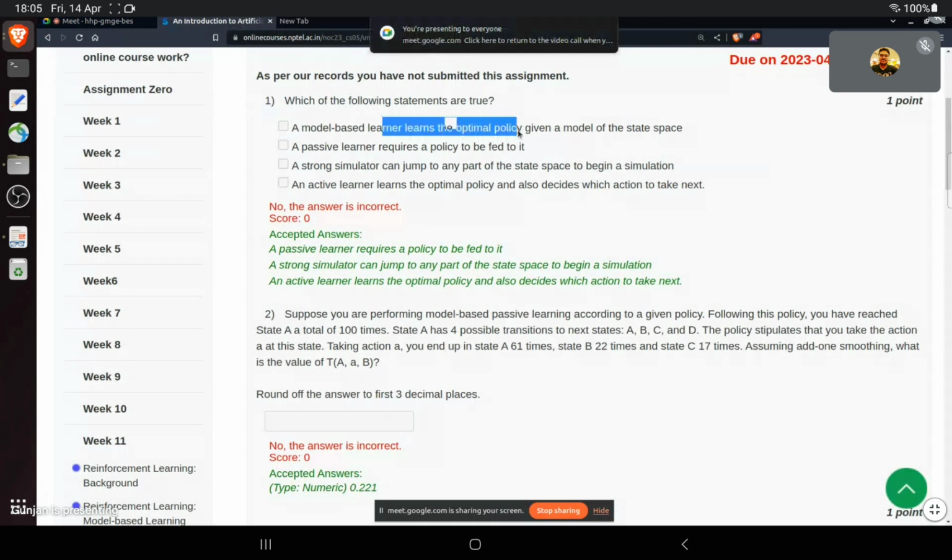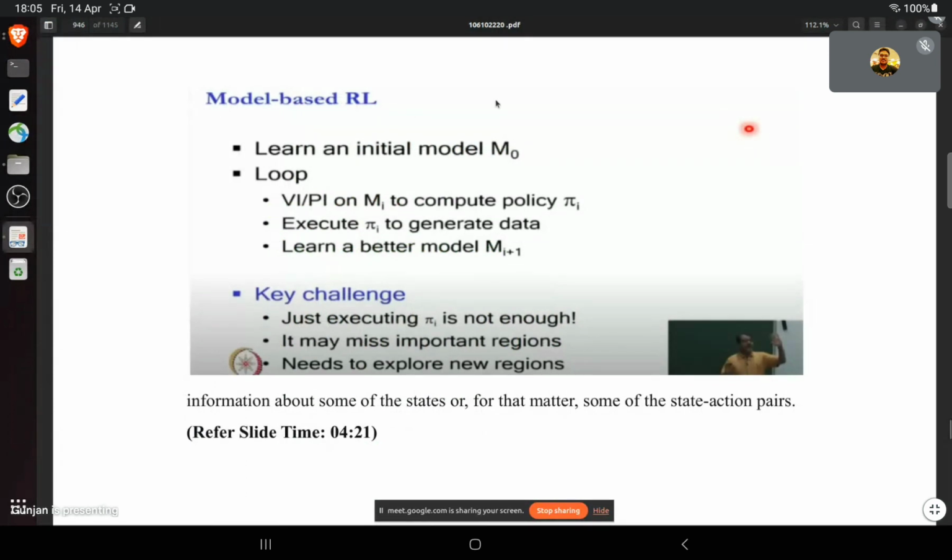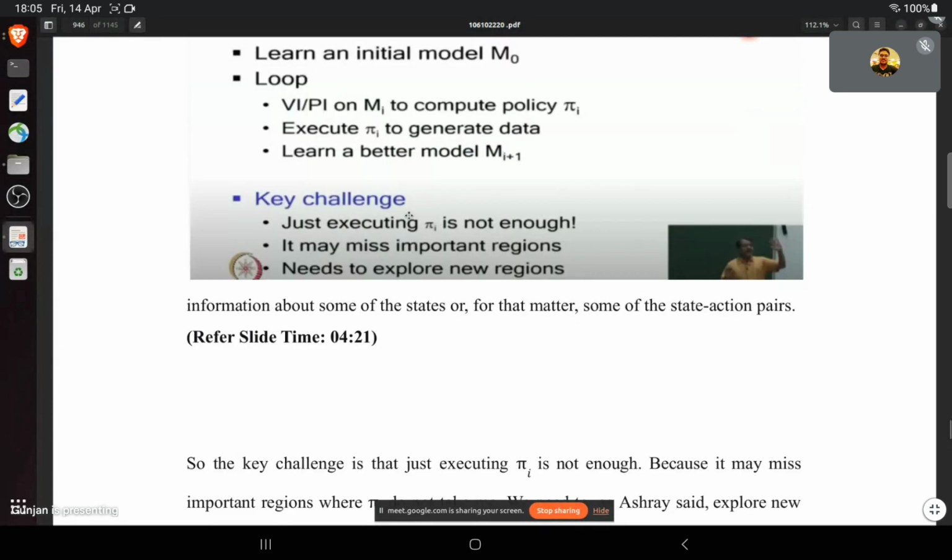It says learns optimal policy given a model, but that is not true. You are not given the transition model. Based on the model, you compute the policy and then execute it.